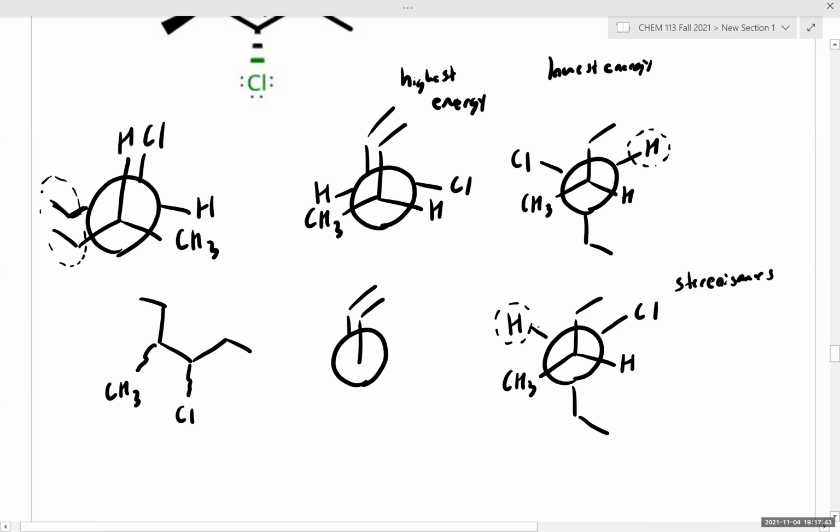So what's bulkier, hydrogen or chlorine? Chlorine. Right. So do we want chlorine engaging in gauche interactions with the ethyl and methyl? No, we don't want that interaction. So would the structure on bottom then be higher or lower in energy? Higher.